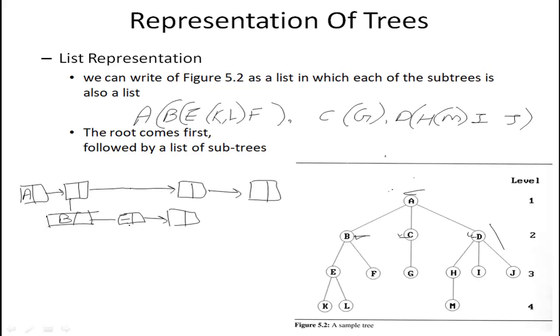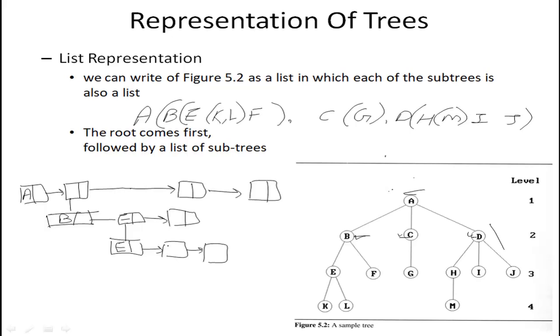The first child E is further a subtree, so I will draw another list from here, which is E. E has two more children, so I will just draw two blocks. Is the first child a tree? No, so I will not draw a further sublist here.